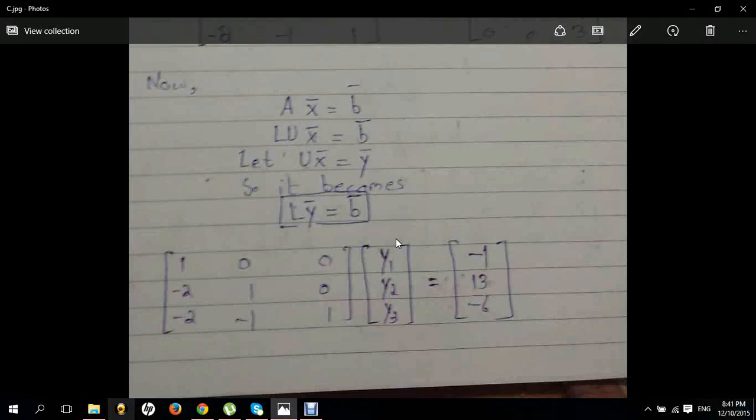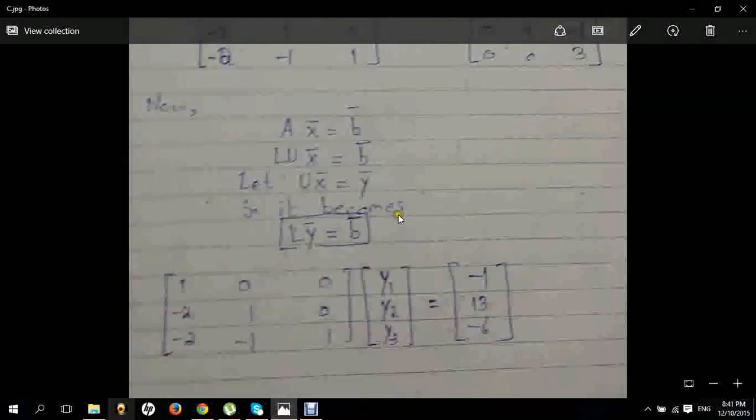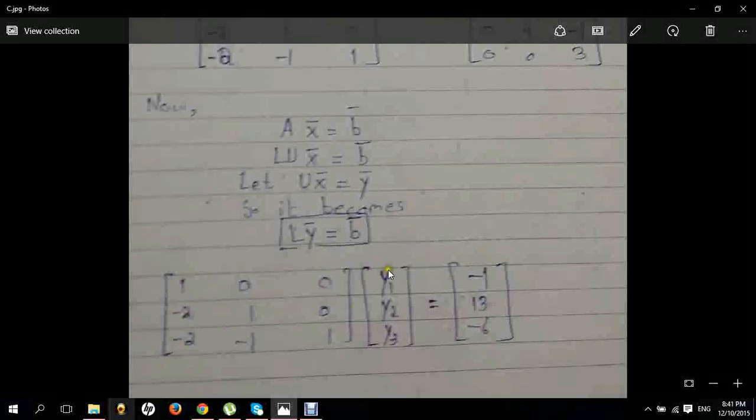We just have to evaluate the value of matrix Y, which is this one. And we already know that our B matrix is the matrix of constants from our main equation. So now we will simply evaluate the values of y1, y2, y3, as these are the only unknowns here.